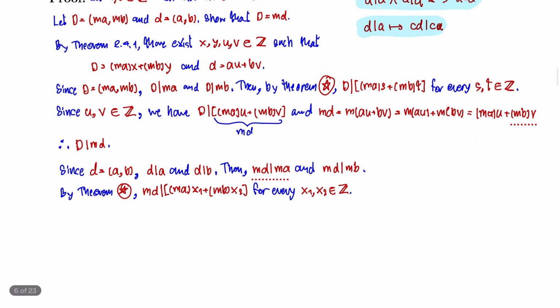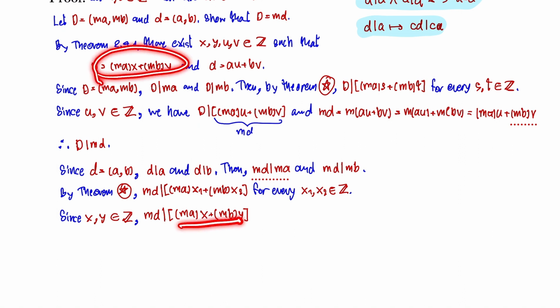All right, and then what do we have next? This means that I can plug in x and y into x1 and x2. Since x and y are integers, we're going to have md divides max plus mby. So that's what we have right here. And what is this one here?